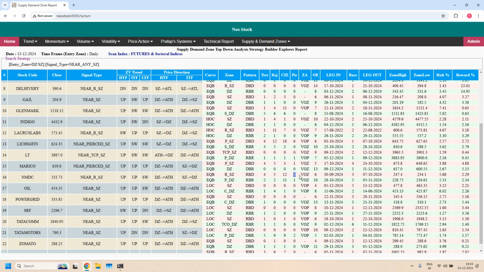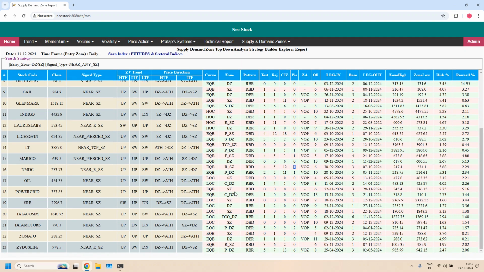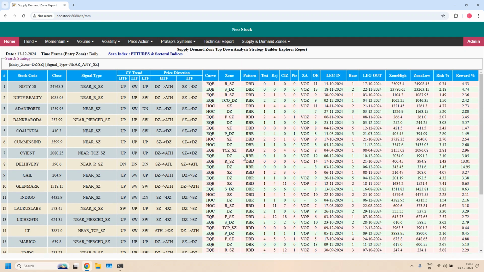NMDC is invalid because it is pierced. And the last one is Zydus Life. So total 5 high liquidity daily supply zones we identified from this list.